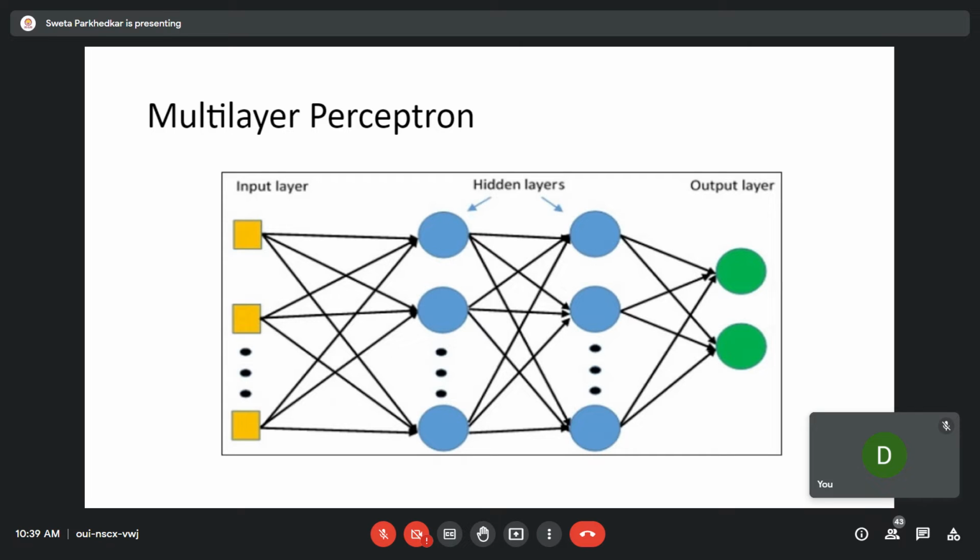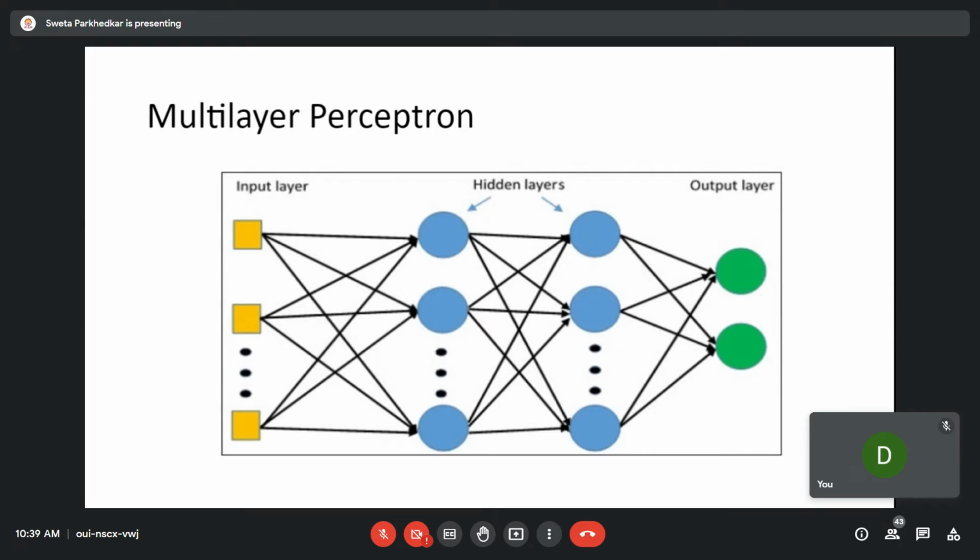In this multi-layer perceptron there is an input layer, hidden layers and an output layer. So this is also a multi-layer feed-forward architecture. So this is a hidden layer, right? Okay. So hidden layers like this, one, two are the hidden layers.